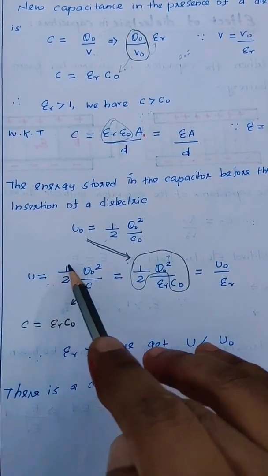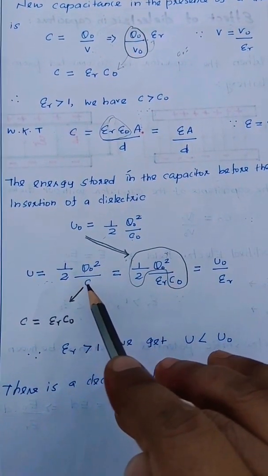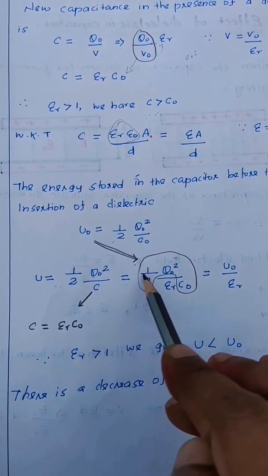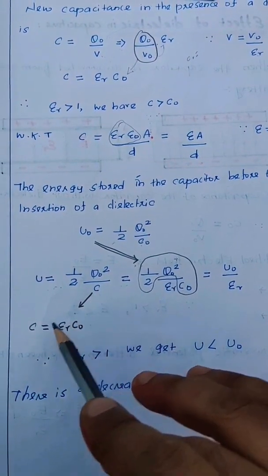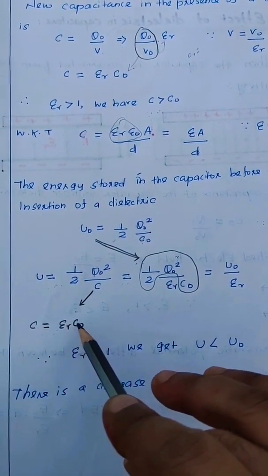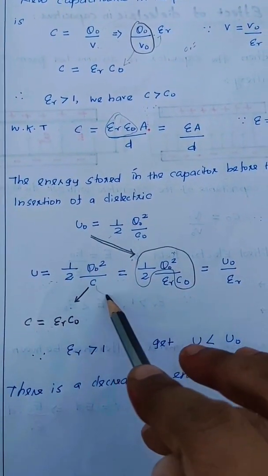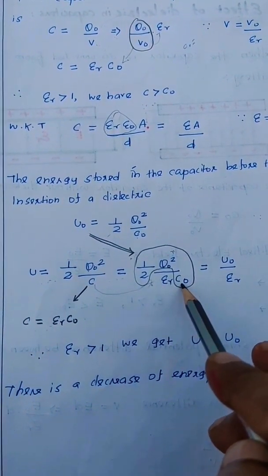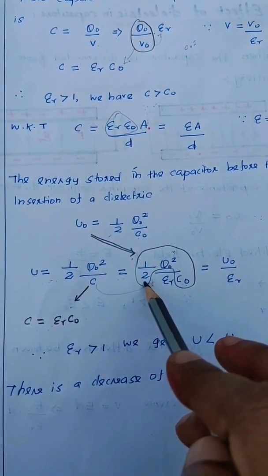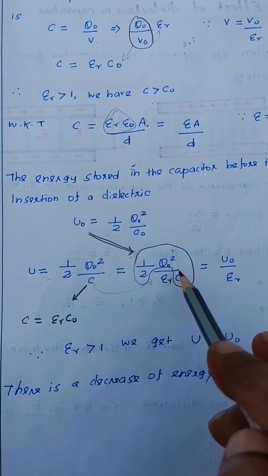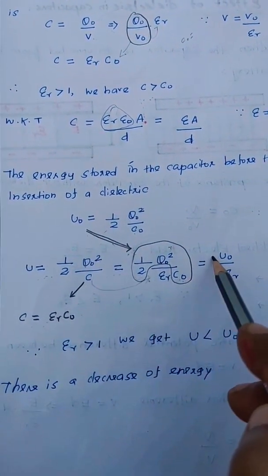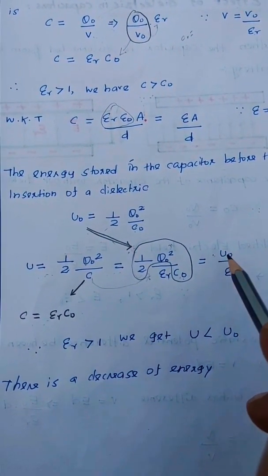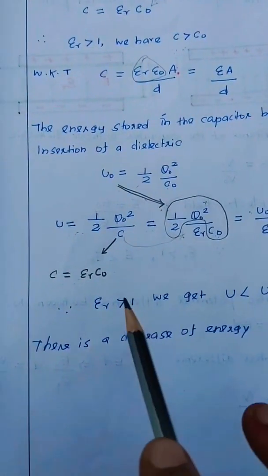So we can write U equal to 1 by 2 Q naught squared by C, where C equal to epsilon r into C naught. Simplifying the terms of 1 by 2 Q naught squared by C naught, we can write U equal to U naught by epsilon r.